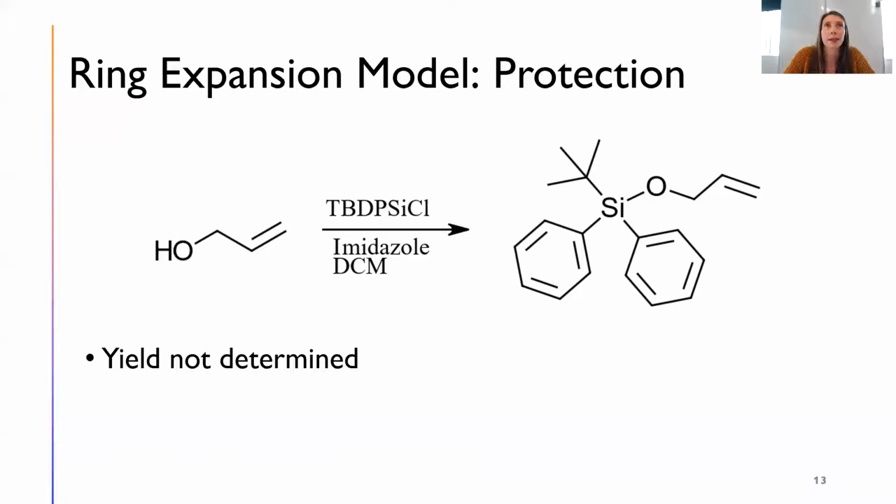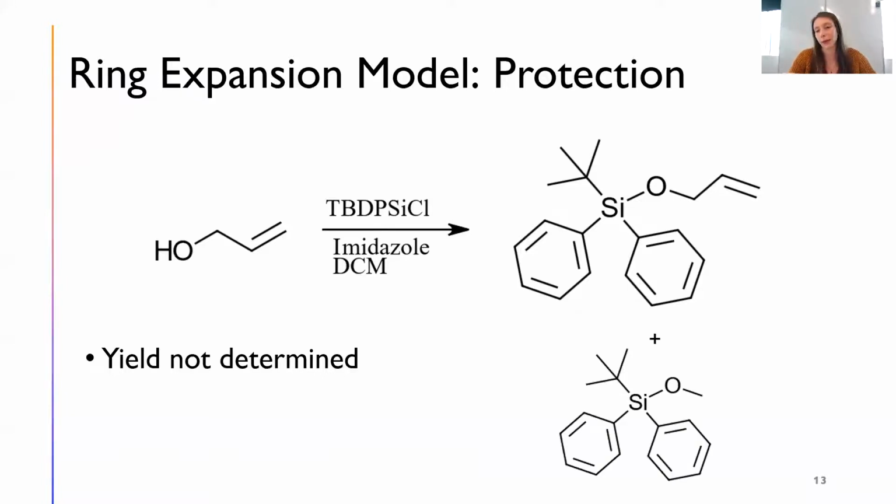one of the final steps in this reaction is to use a methanol to use up the rest of the tert-butyl diphenyl silyl chloride that is in the solution. And so what you get is a mixture between the protected alkene, which is what we want, and then the protected methanol, which is very chemically similar to the alkene.